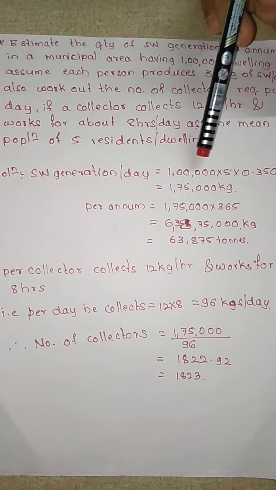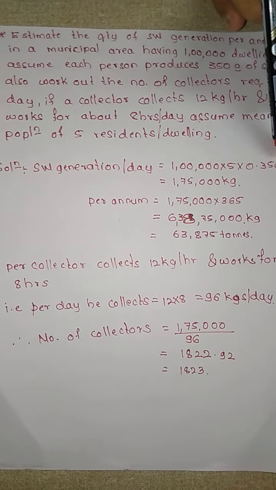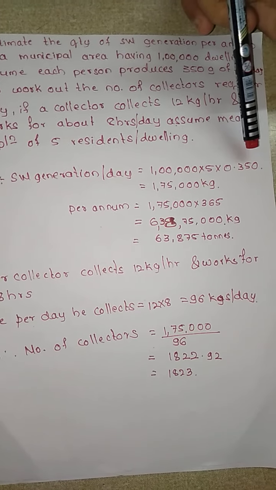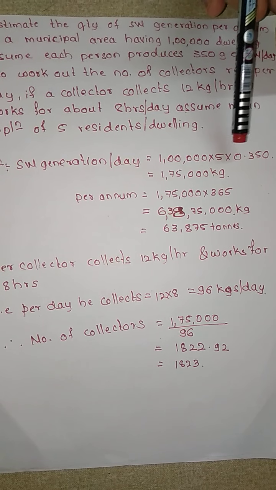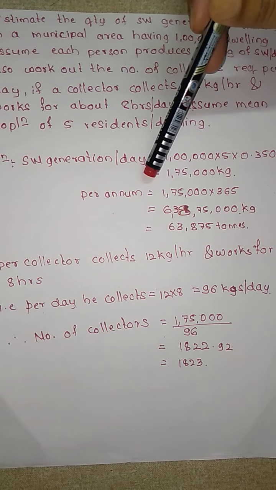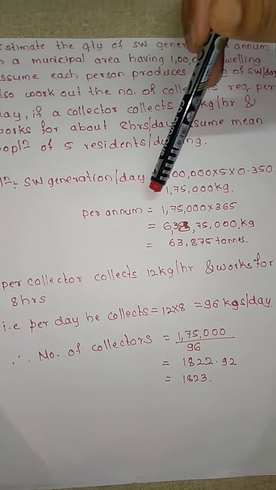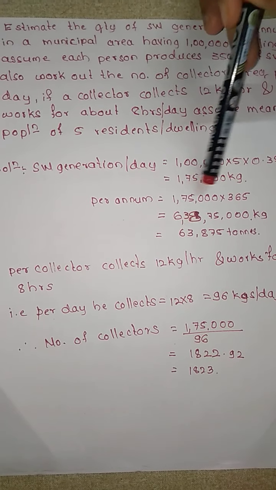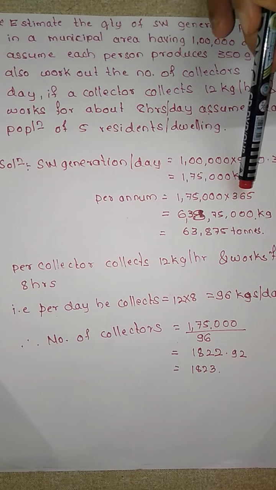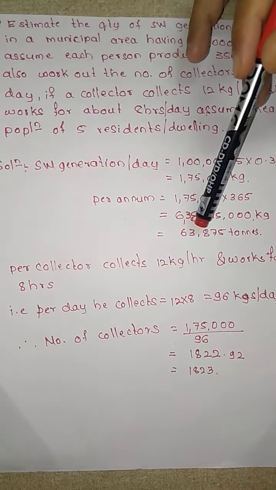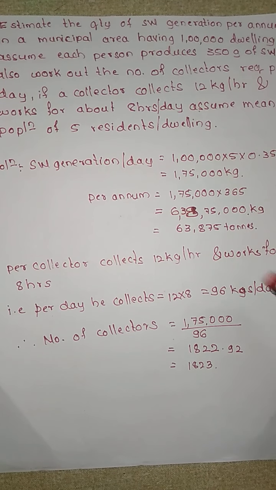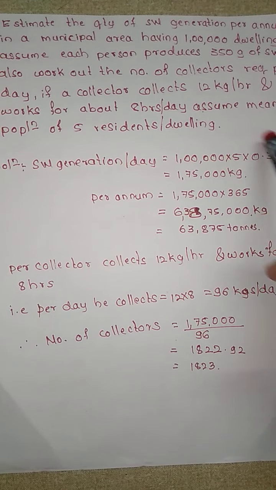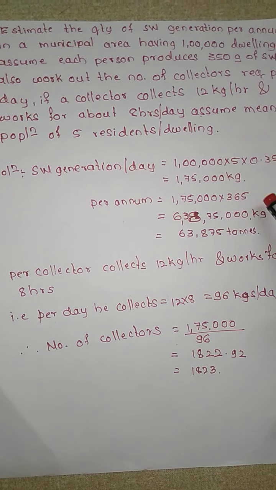So they are going to generate around 1,75,000 kg of waste per day. Now annually, 1 year has 365 days, so they are going to generate 63,875 tons of waste.